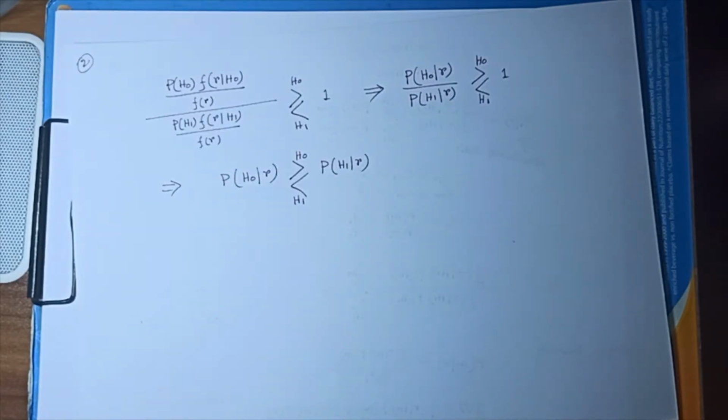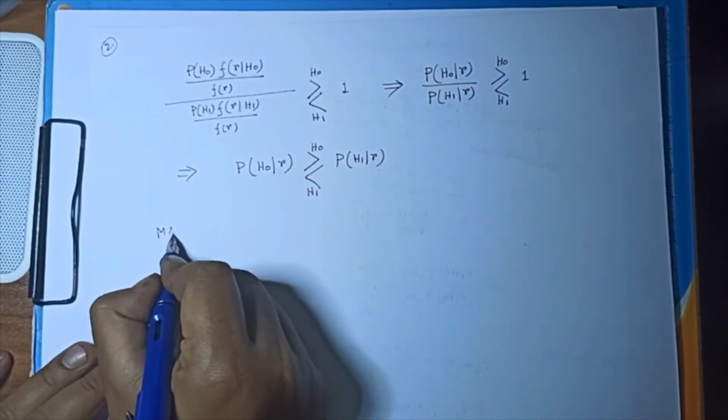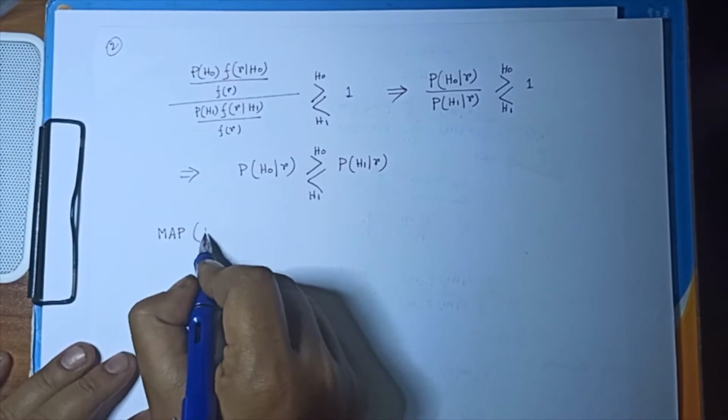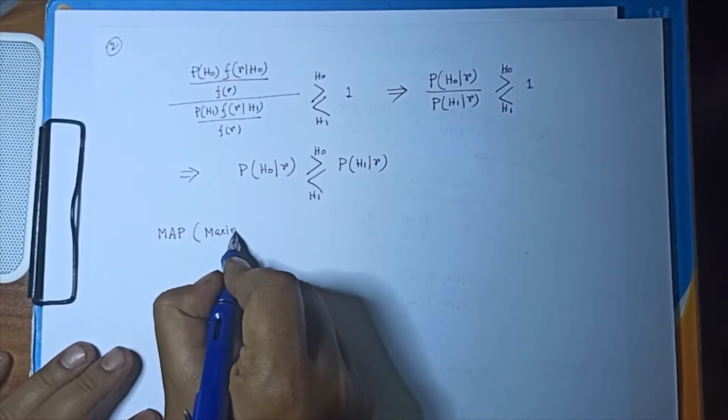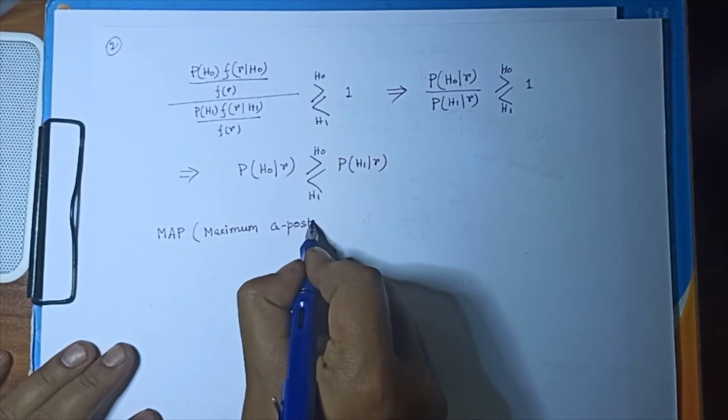So this kind of detection problem, the approach is called the MAP approach, or maximum a posteriori approach. So this is called the MAP approach. Full form is maximum a posteriori approach.